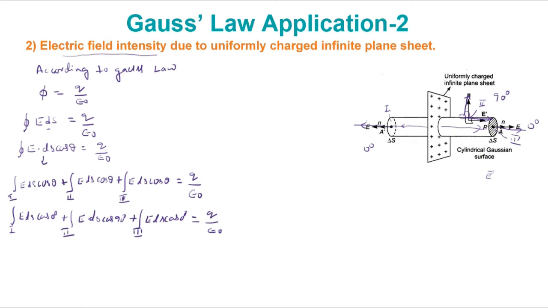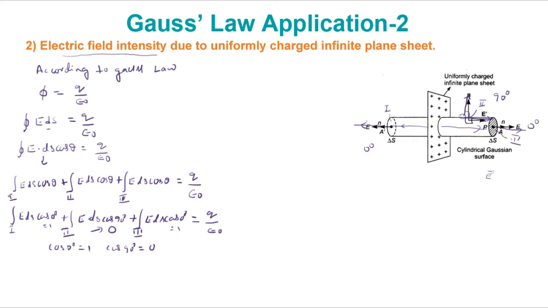You know that cos 0 degree is always 1 and cos 90 degree is equal to 0. So I will clear the cos 90 term, this term will become 0, since 0 into something is 0. And here cos 0 becomes 1, and here also 1, 1 into E·dS.